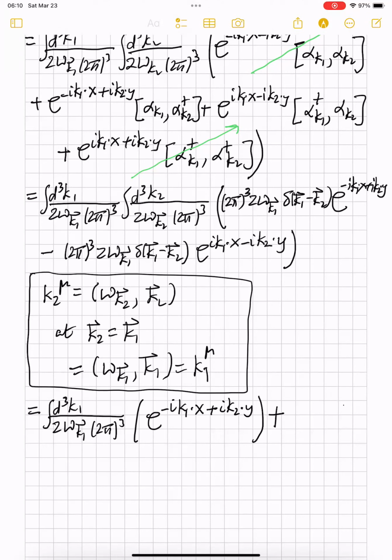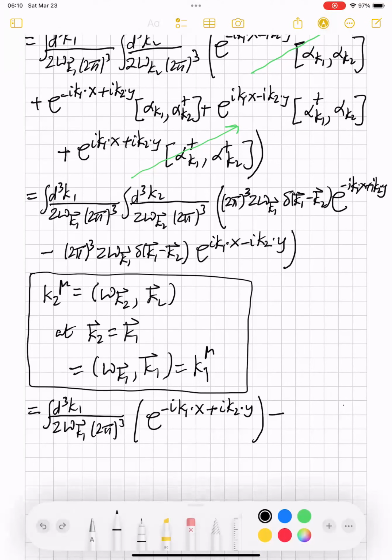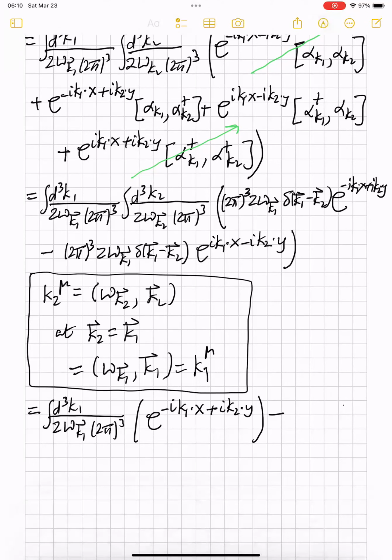Then we've got a second term, which is negative. The second term is the integral d3k1 over 2 omega k1, 2 pi cubed.